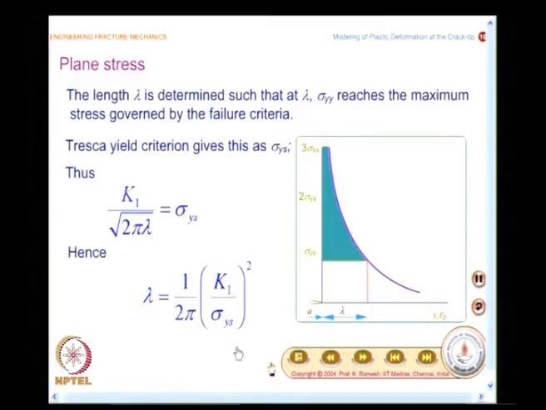What we say here is this estimation of plastic zone length along the crack axis is not strictly correct. So, we have to go and try to redistribute the load and make the calculation. We have already seen the sketch.